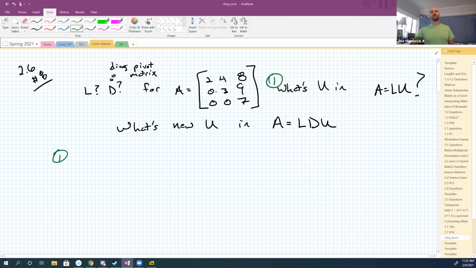So what's a convenient lower triangular matrix for this? Well, I don't know. That's already an upper triangular matrix, right? Okay, so what's the lower triangular matrix that goes with it?